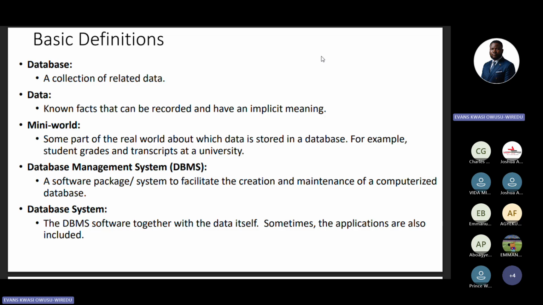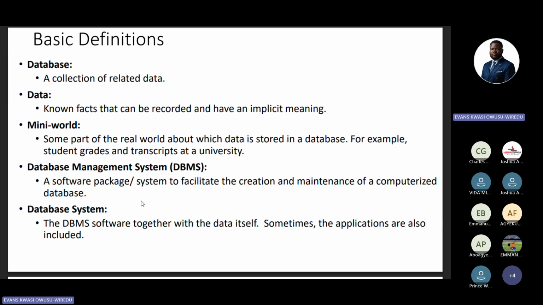So we are talking about the software and then the database. You get it? Sometimes the applications are also included. So these two, DBMS and DS, are used interchangeably. These two can mean both.